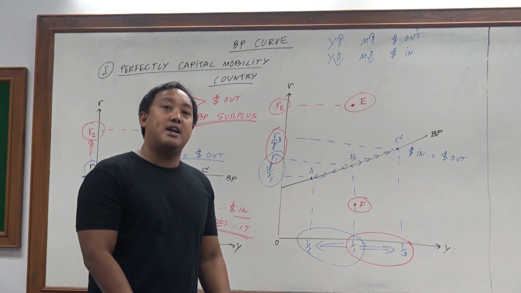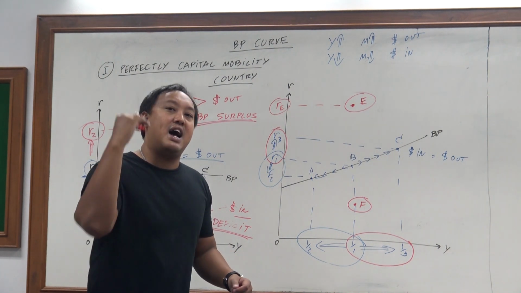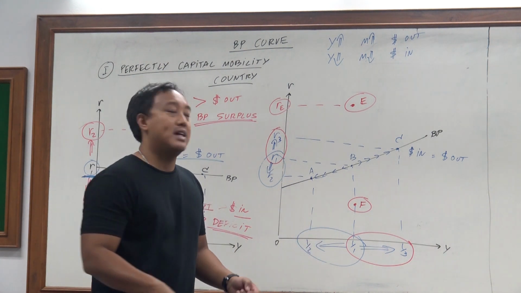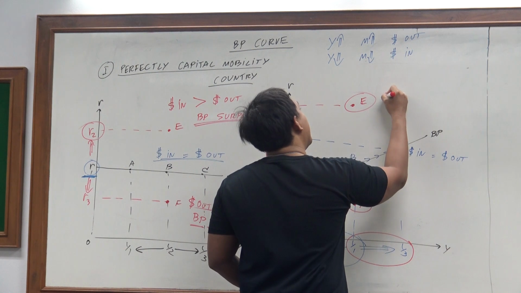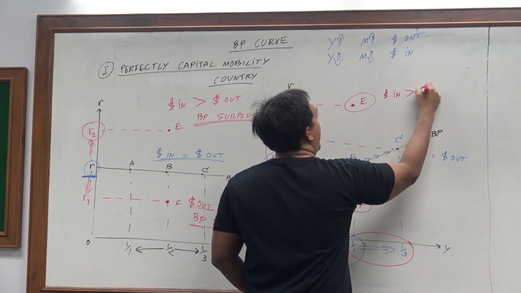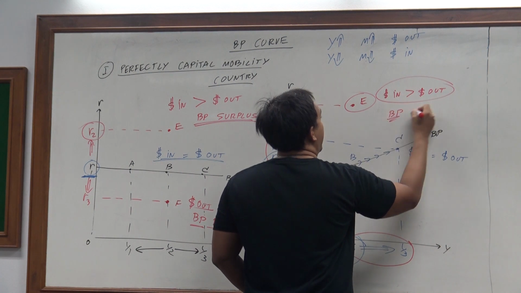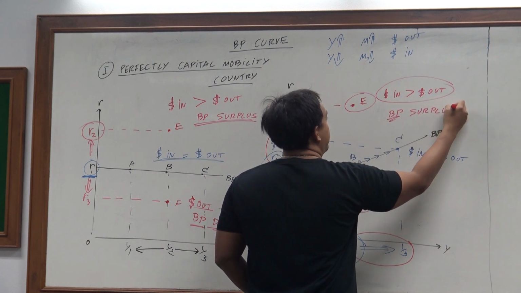It means that the return in our country is high. Everyone wants to invest and flow the money to our country. So here, the amount of money that flows in is greater than the amount that flows out. The balance of payments becomes a surplus.